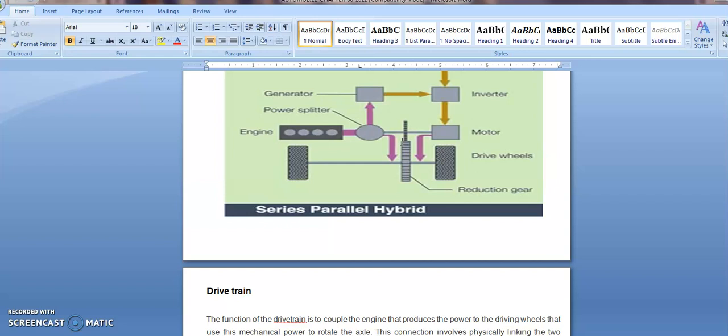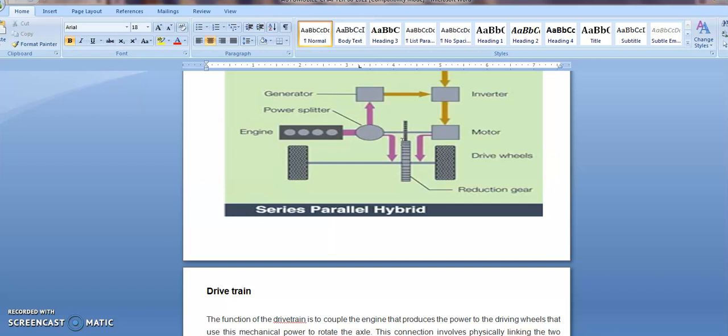When the engine runs, the generator generates electrical current, which is sent to the inverter, and the inverter is directly connected to the motor, so the motor begins to run. When the motor runs it generates torque, and that torque is transmitted to all the driving wheels by the gear trains, that is, by the gear set fitted to the motor and drive wheels.